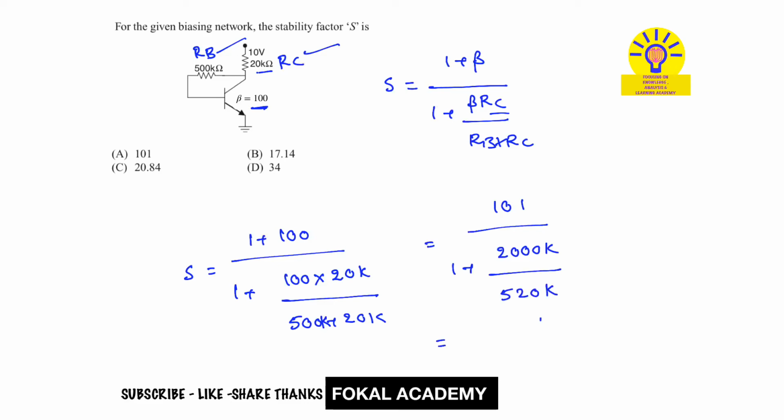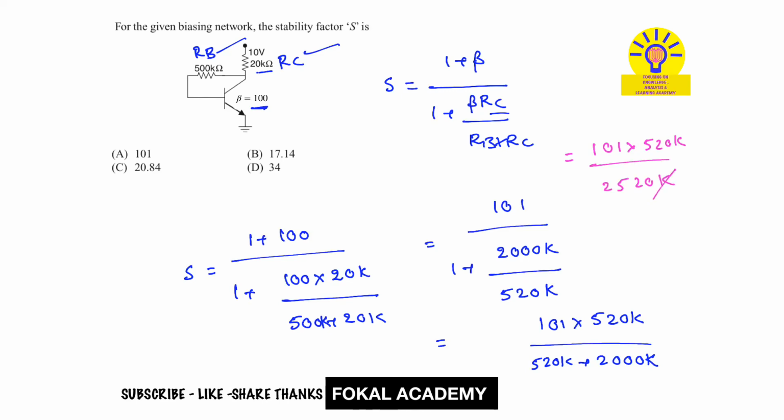Now take the LCM, then it becomes 101 into 520k divided by 520k plus 2000k, that's equal to 101 into 520k divided by 2520k. The k cancels. By using the calculator we will get 20.84. So from the options, 20.84 is the stability factor for the given biasing circuit.